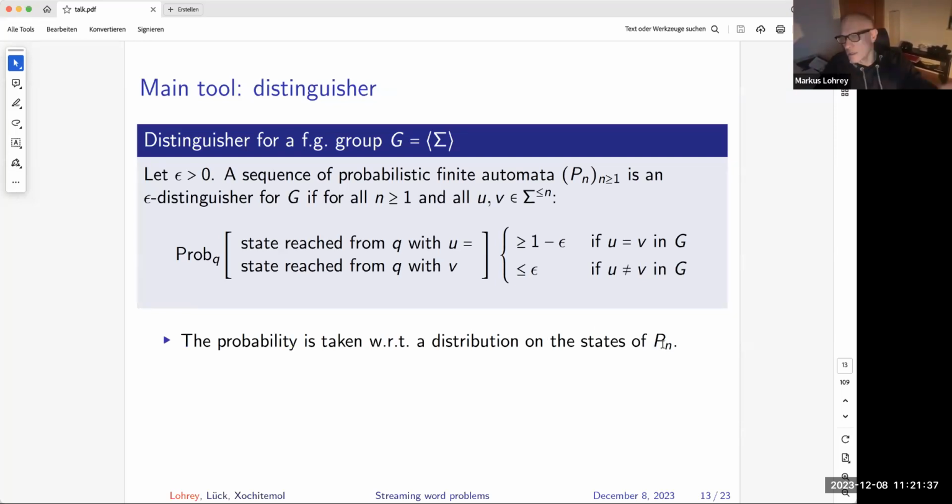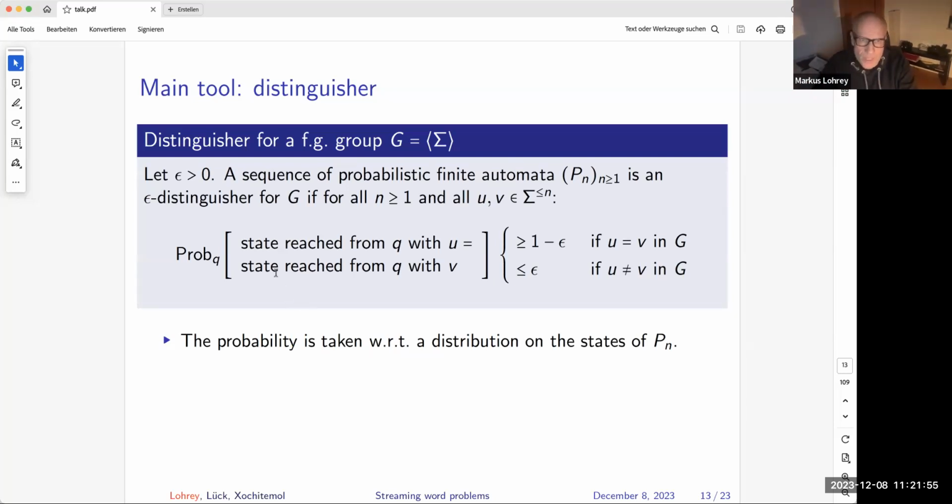That's the same setting as I had before when I introduced probabilistic streaming space complexity. The probabilistic automata are basically deterministic automata plus a probability distribution on the states of the automaton.